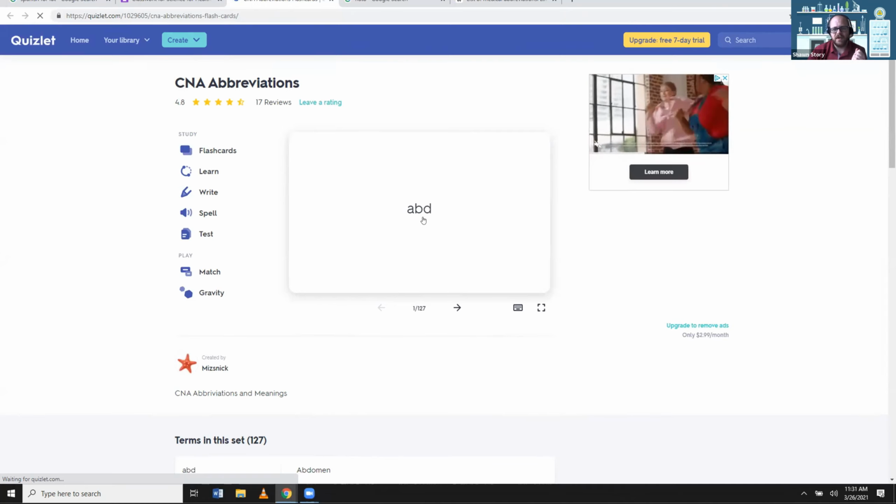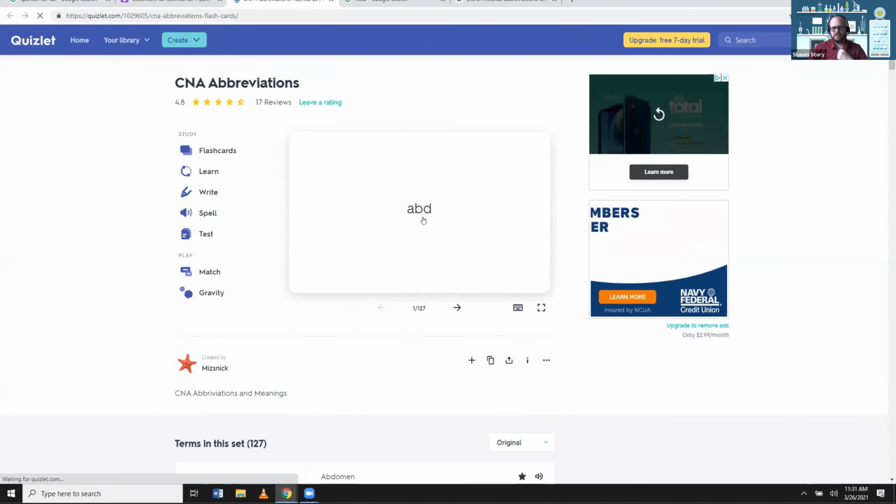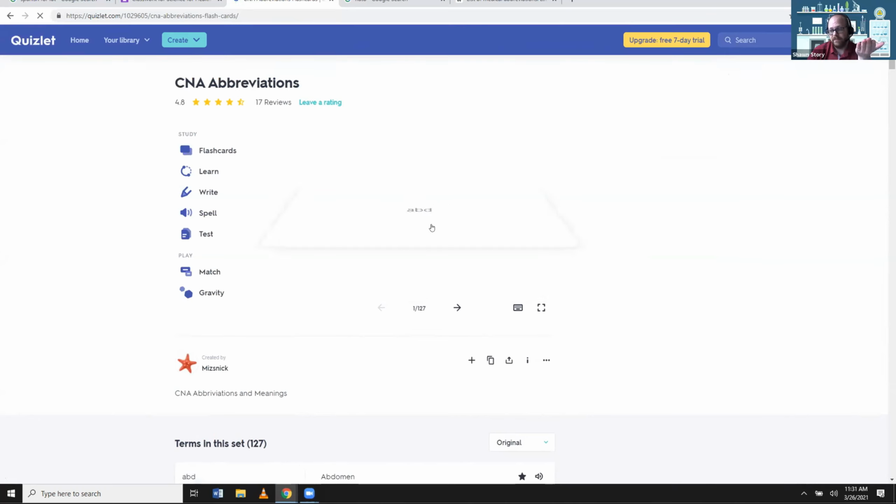And what does that stand for? It's a part of the body. Abdomen. It is abdomen. So then you click it, and it flips it over for you. So it shows it to you.